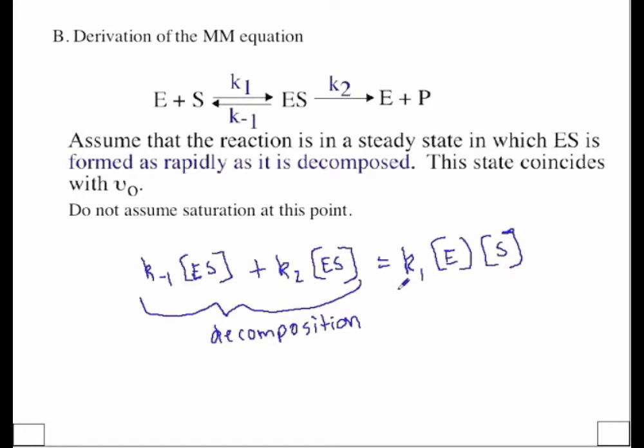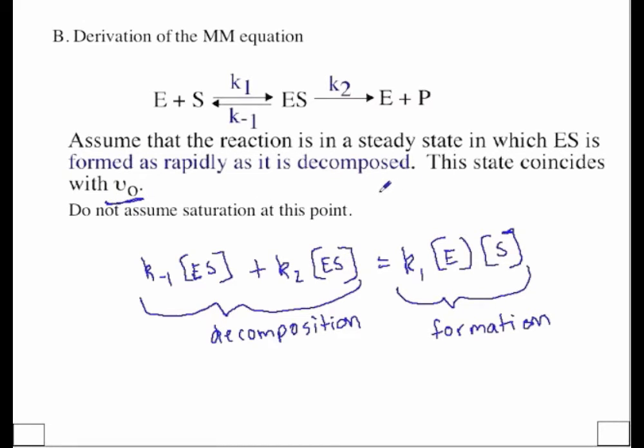So now we have an equation that describes steady state, if you will, where rate of formation equals rate of decomposition. Now there is some plugging in that we can do in this equation to help us further our derivation.